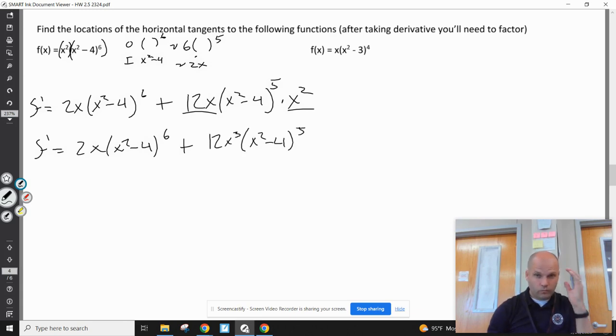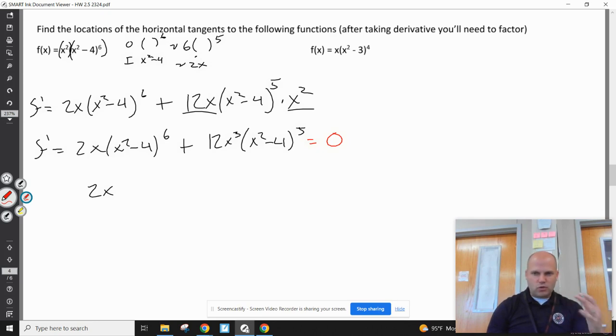Cool. Now, to solve this equation set equal to 0, it helps to have things factored equal to 0. Here's how I'm going to show you how we factor this. I'm going to replace x squared minus 4 with a variable.